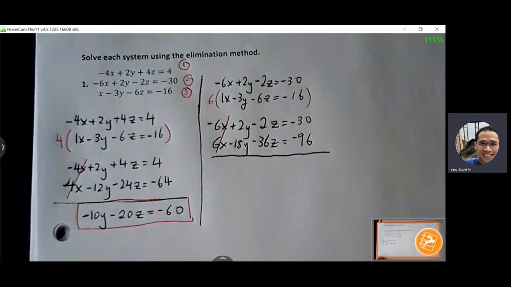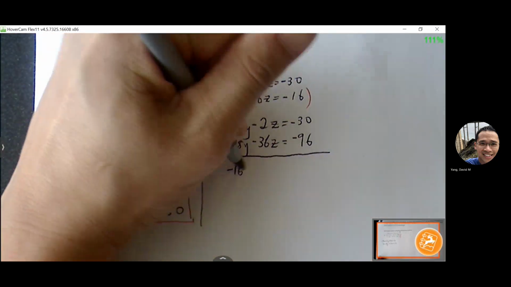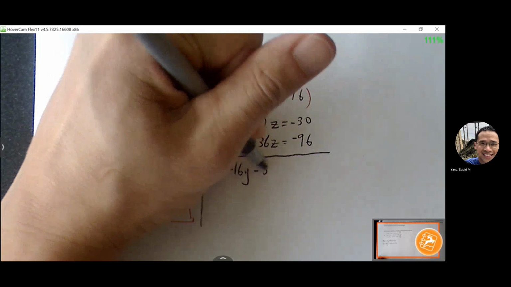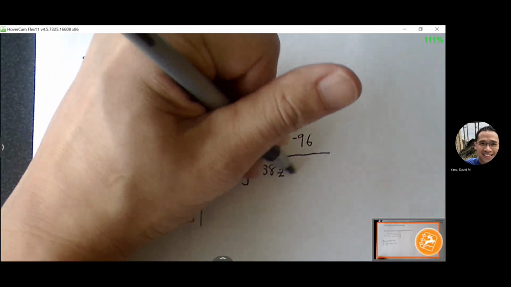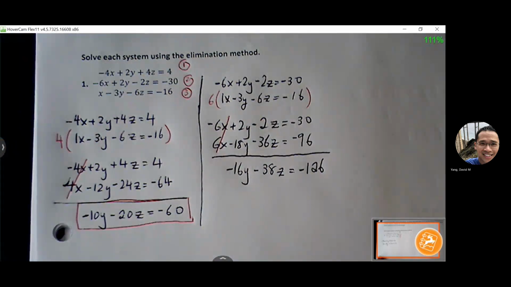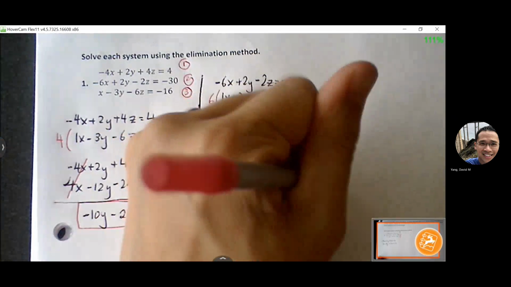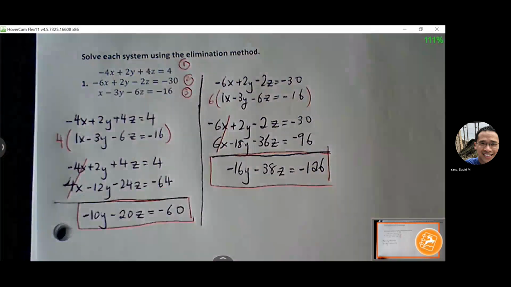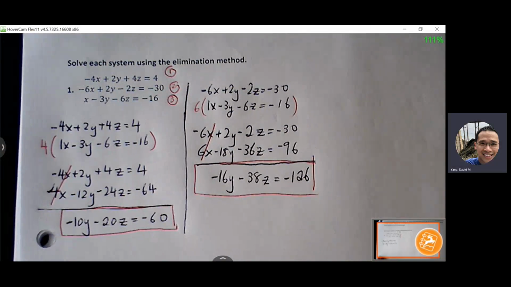The x's, we want the x to go away. Okay, any questions so far?